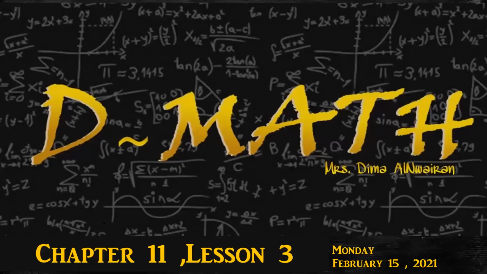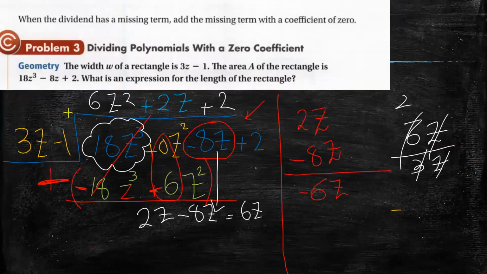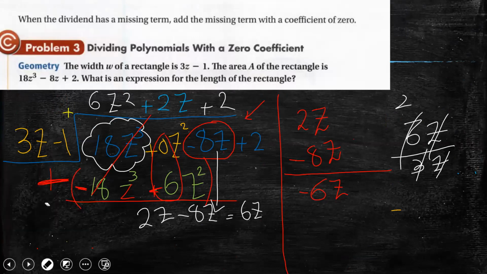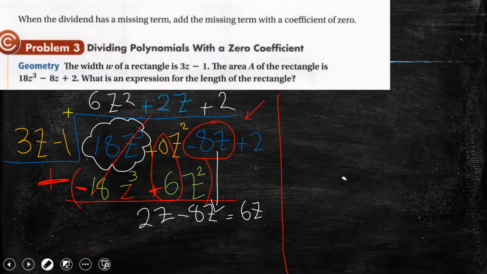Is it right? Yes, miss. Then after that here, the final answer is 2. Then you have to multiply 2 by the 3z minus 1.